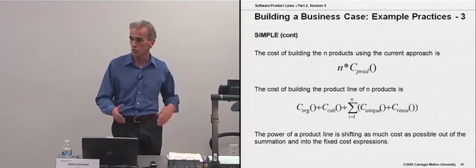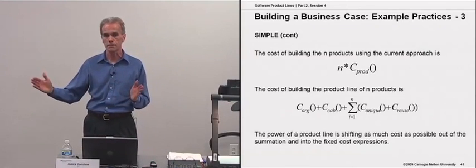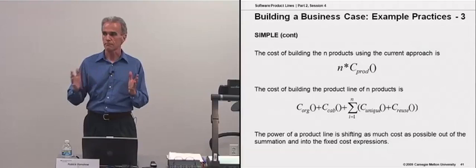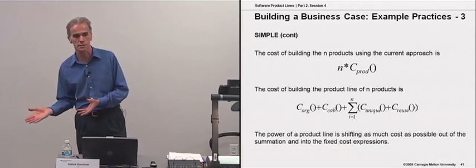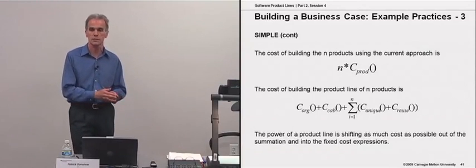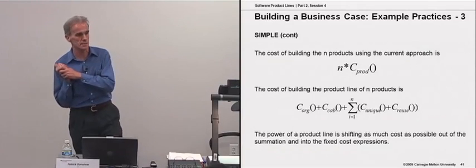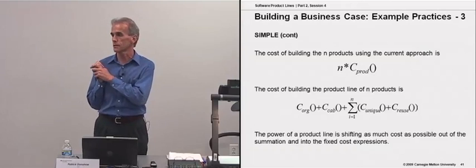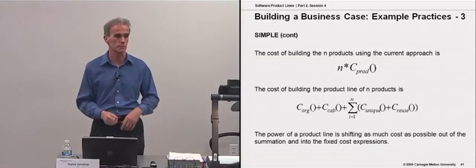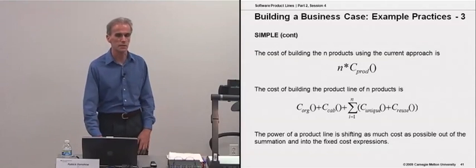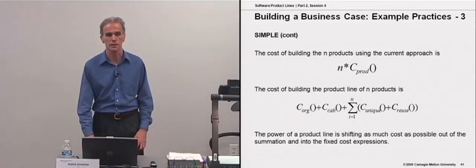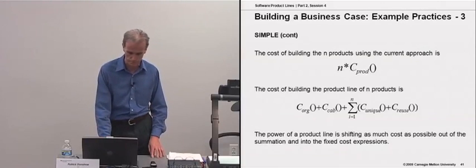And secondly, look at whether or not your management expectations about the time frame and the number of products necessary to recover that initial cost and investment is something that is supported by these numbers, or if these numbers are going to produce a story that says clearly we are not ready to become a product line organization because we cannot get any business benefit out of it.